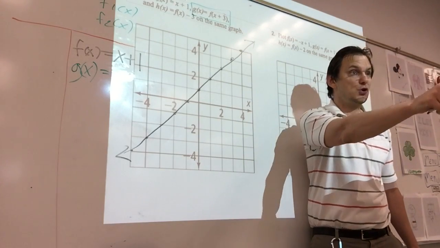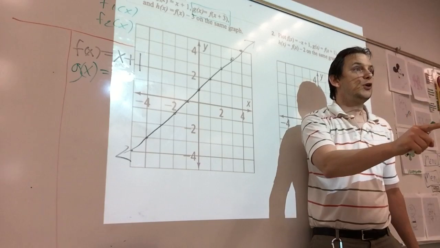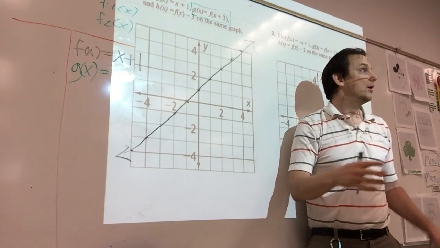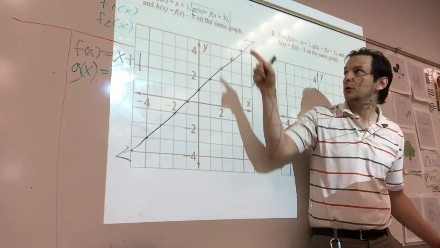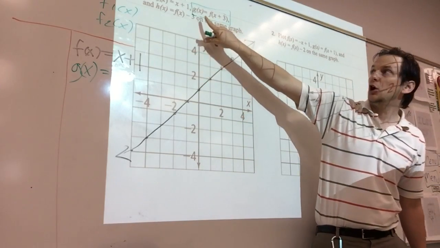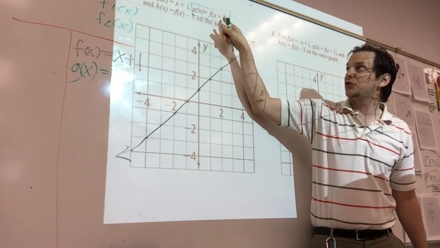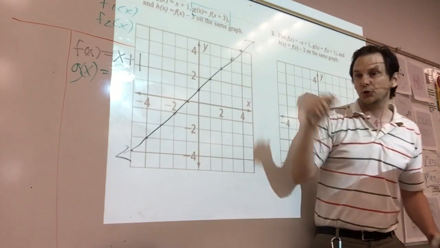There is a plus 3, and where is it? Is it in parentheses or out of parentheses? That's all you got to know, and you can get this. Okay, so we're going to say it again. George's equation is just like Frank's equation, except it also has a plus 3 in parentheses.